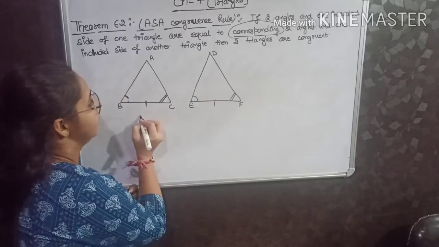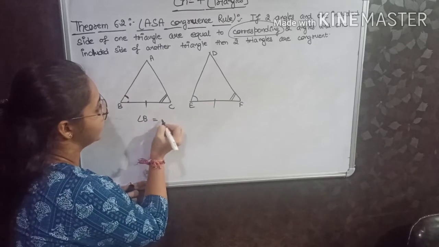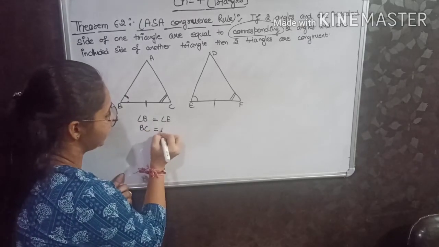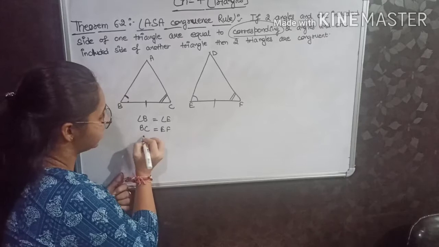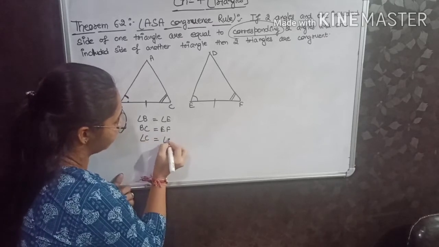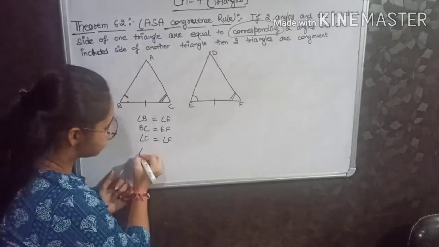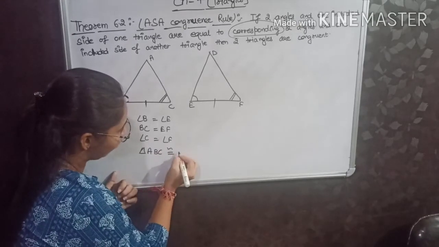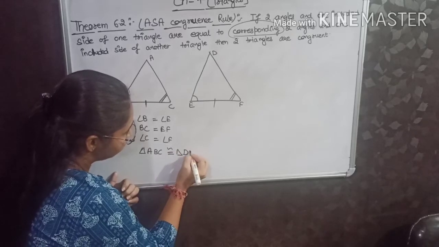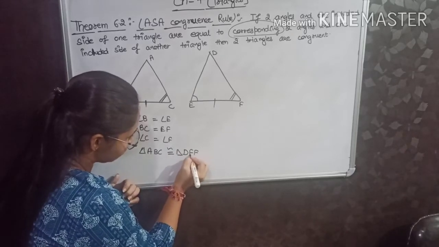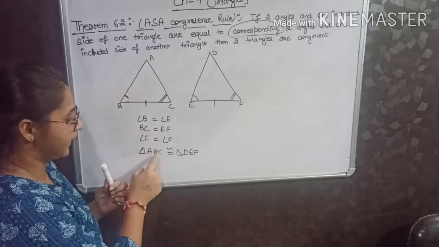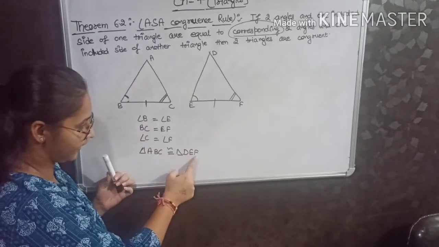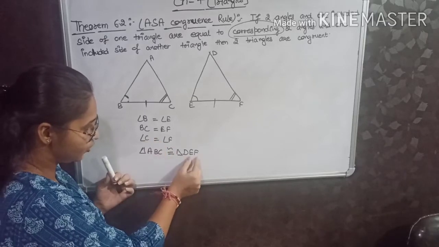So, if angle B is equal to angle E, BC is equal to EF, and angle C is equal to angle F, then I can say that triangle ABC is congruent to triangle DEF. You can check, corresponding to angle B, you have angle E, corresponding to angle C, you have angle F, corresponding to BC, you have EF.